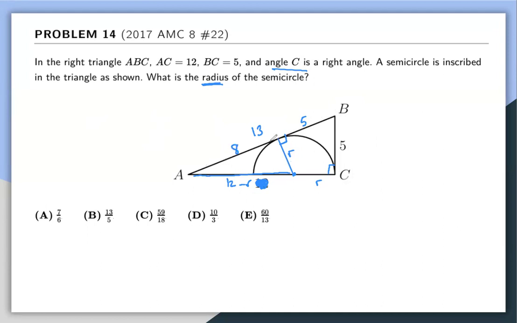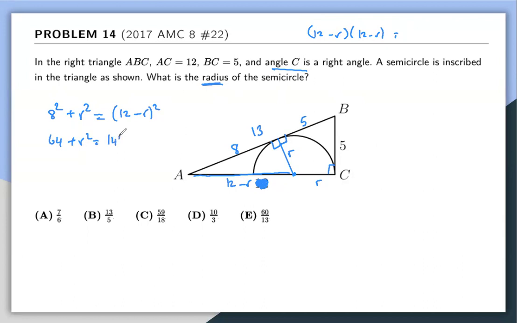And now we have a right triangle because this is also 90, so we can use the Pythagorean theorem. So you get 8 squared plus r squared is equal to 12 minus r squared, so we get 64 plus r squared. To expand 12 minus r squared, you can write 12 minus r times 12 minus r and multiply, or you can just remember the square of a binomial.